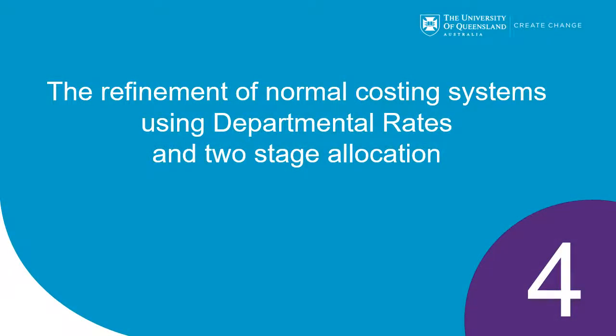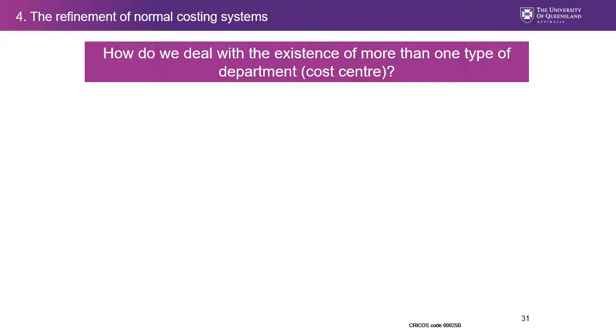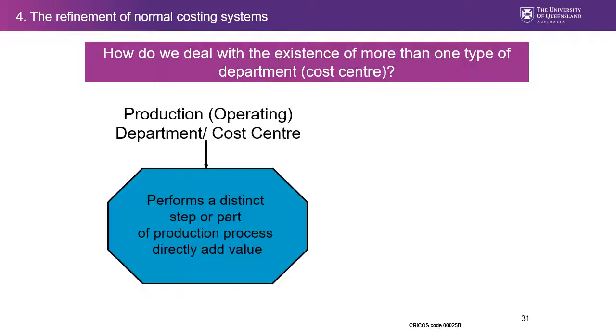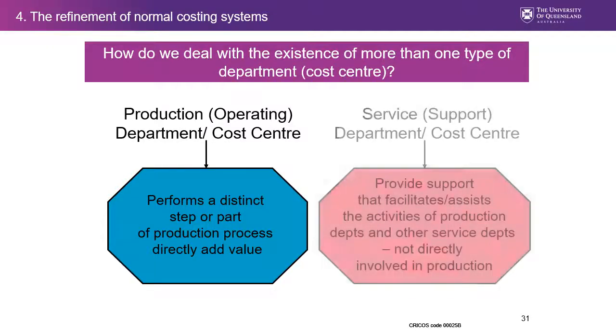So the refinement of this normal costing system uses departmental rates and a two-stage allocation approach. So how do we deal with more than one type of departmental cost center? A production or operating department is a cost center. It performs a distinct step or part of a production process that directly adds value to our product.